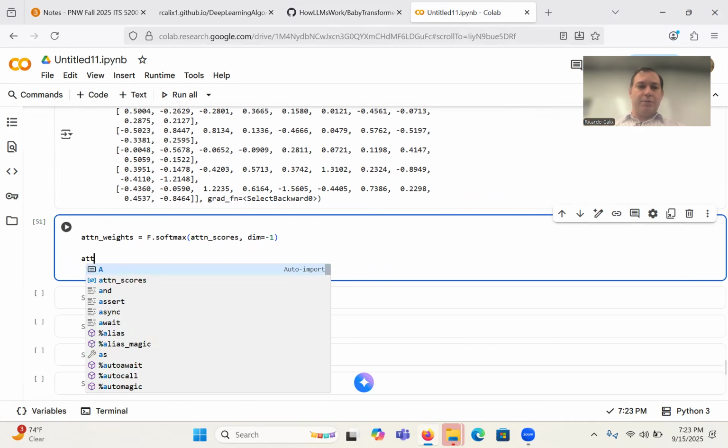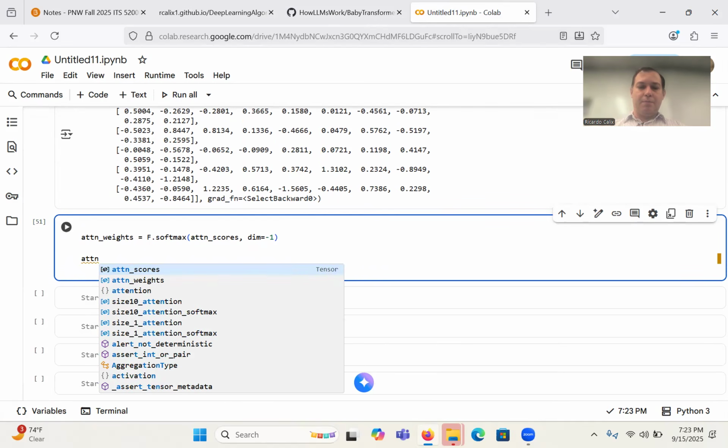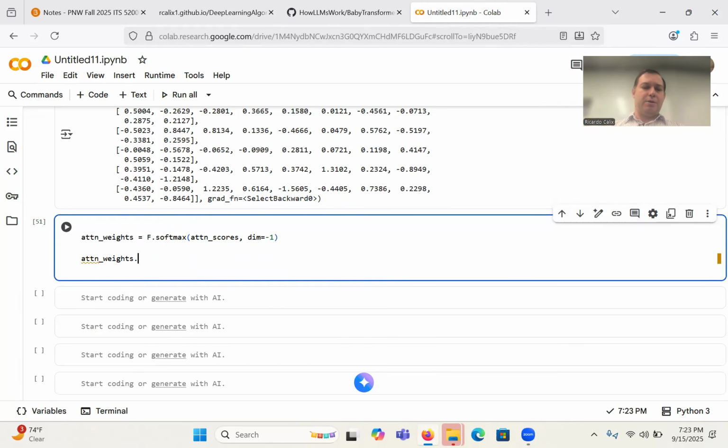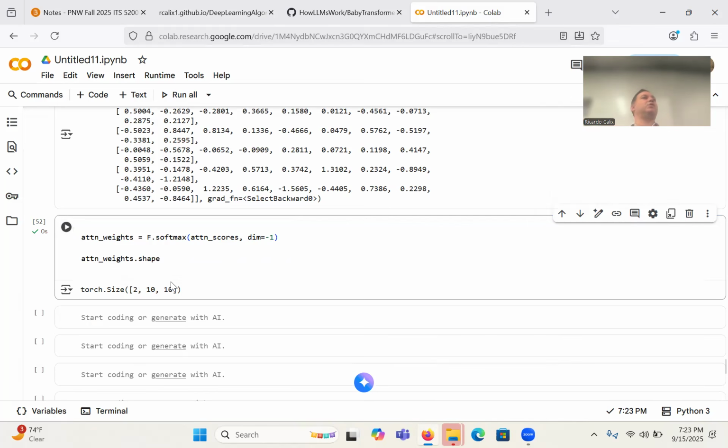We can print the shape. You can see it is still 2 by 10 by 10.